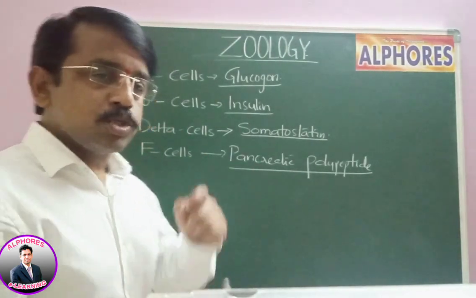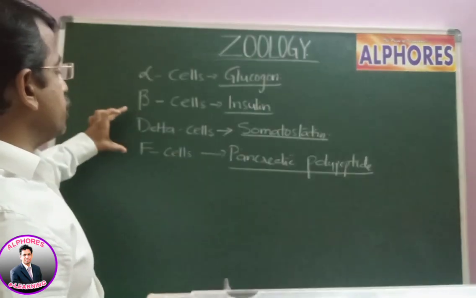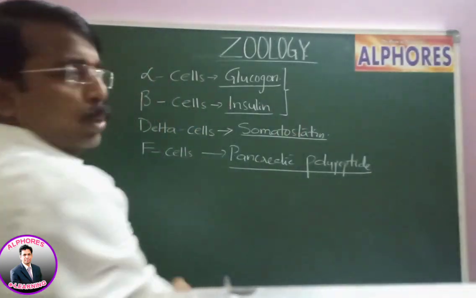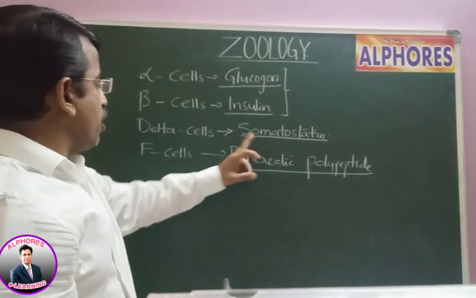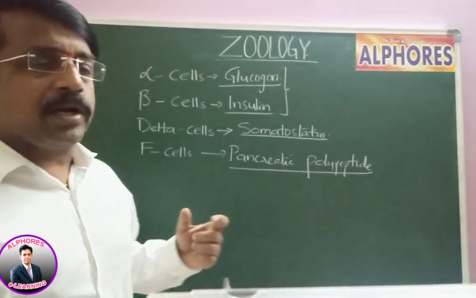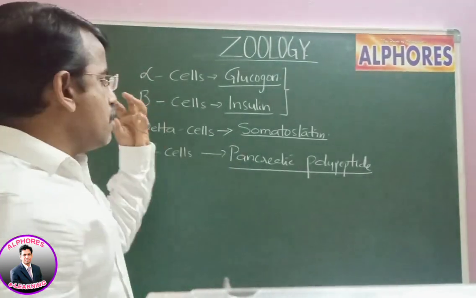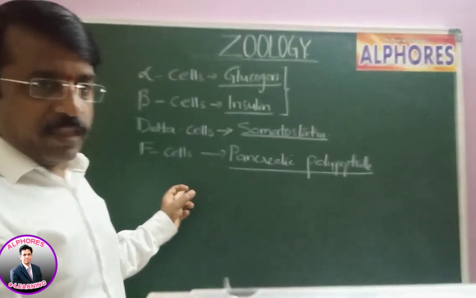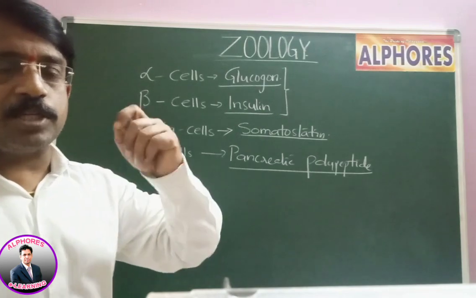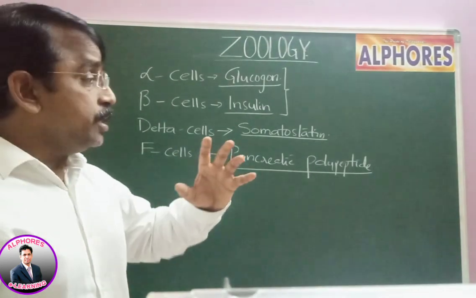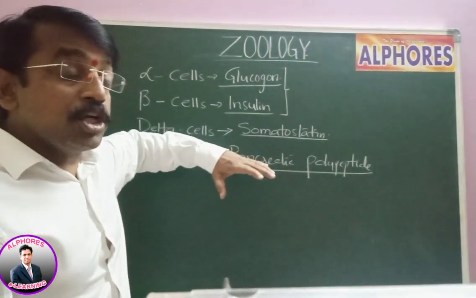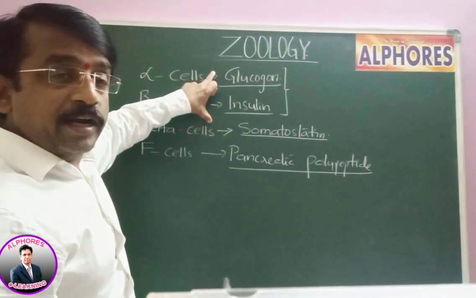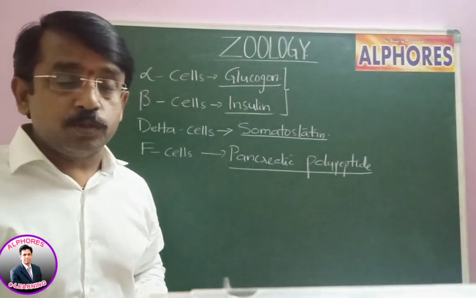So altogether, alpha and beta cells influence the glucose levels, whereas studies on the delta and F cells are going on nowadays. Delta cells regulate the secretion of glucagon and insulin, whereas F cells regulate pancreatic juice.